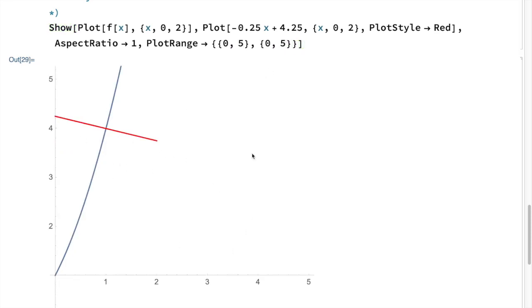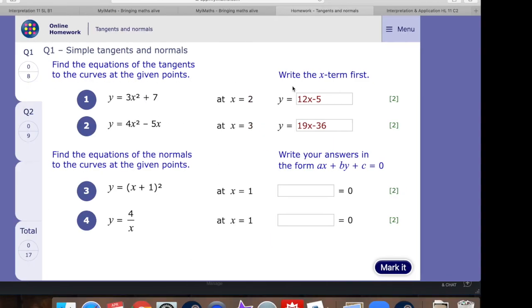Now, I wish it didn't do that, but as you can see, this is definitely the normal line. It is definitely perpendicular at this particular point. So the answer should be negative 0.25x plus 4.25. Whoa. Huh? What's going on?